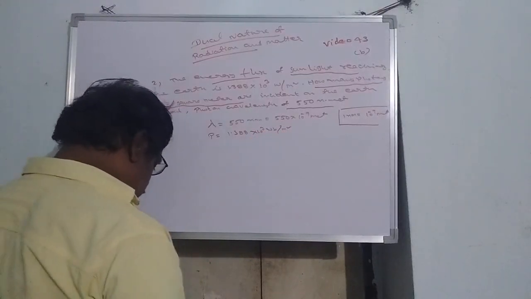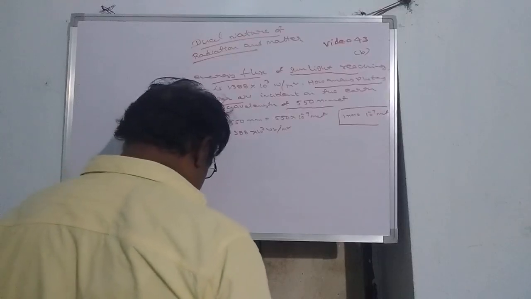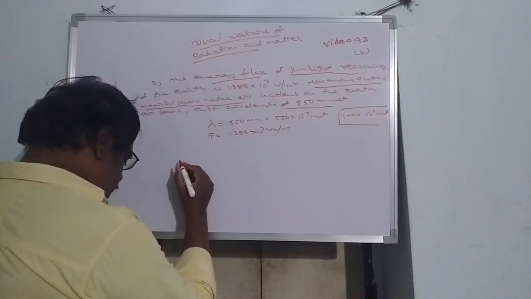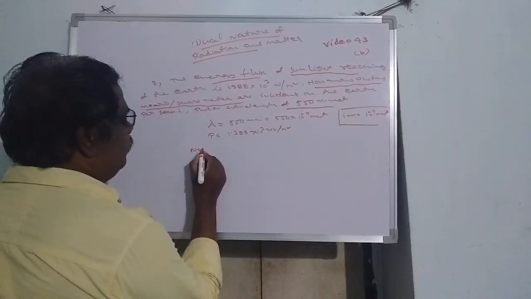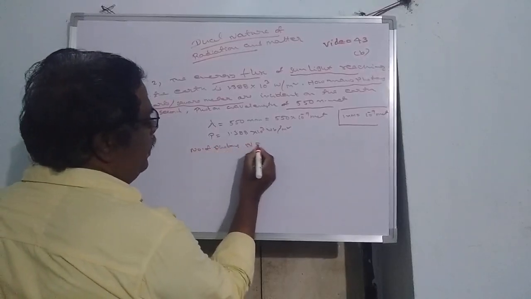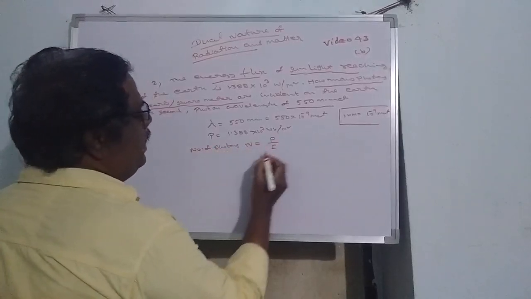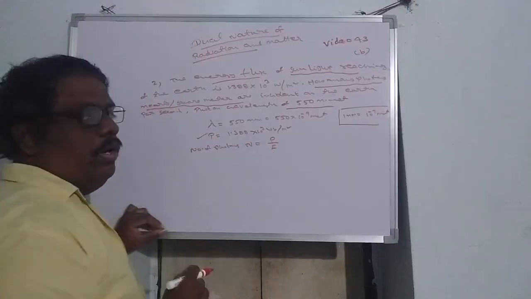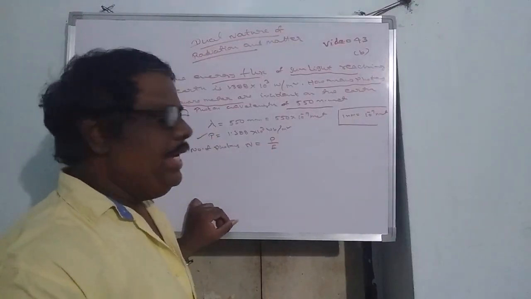Again, what is the formula we have to use? First, for the number of photons, N is equal to P by E. Here the P value is given. We have to calculate E, the energy.